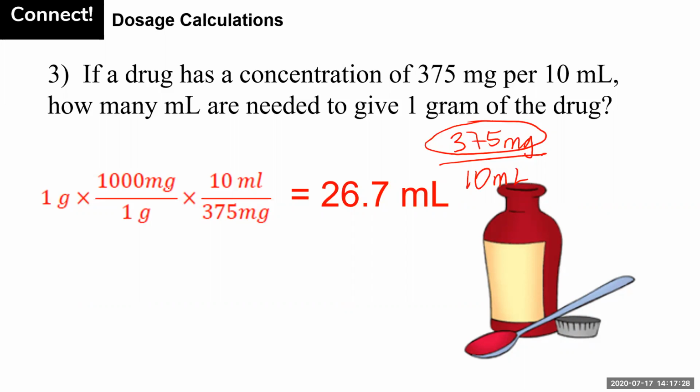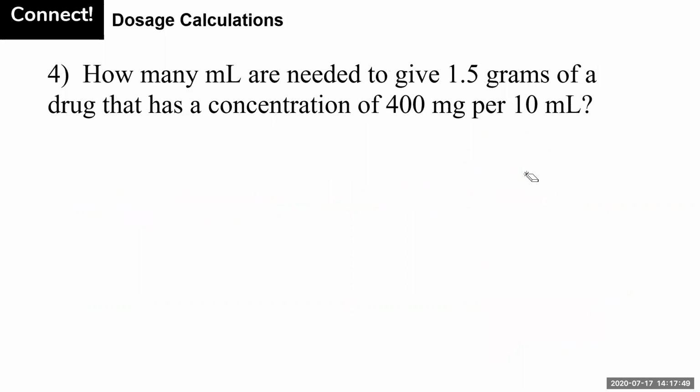Is that okay? Nice. So that is how you work around this. Let's go to number 4. How many ml are needed to give 1.5 grams of a drug that has a concentration of 400 mg per 10 ml?